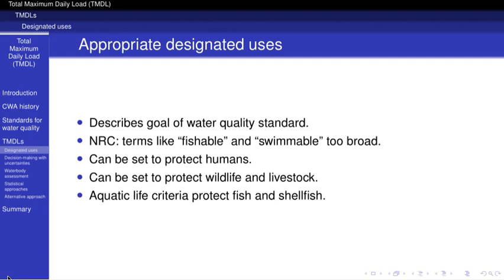A better description for a designated use of human contact recreation should protect humans from microbial pathogens while swimming, wading, or boating. Other designated uses should be defined to protect humans, wildlife, and livestock from harmful substances in water and fish tissues. Specific aquatic life designated uses should be designed to protect fish and shellfish.